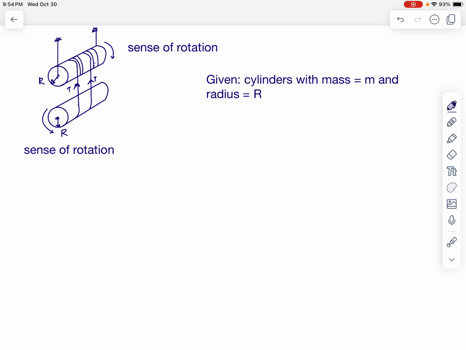Okay, so one of the things we know is that the force on the top cylinder equals 2 times T, right? Because there is a tension acting downwards on the top cylinder, and there's another tension acting downwards on the top cylinder, and since both these strings are symmetrically placed, both tensions are the same and equal to T each.